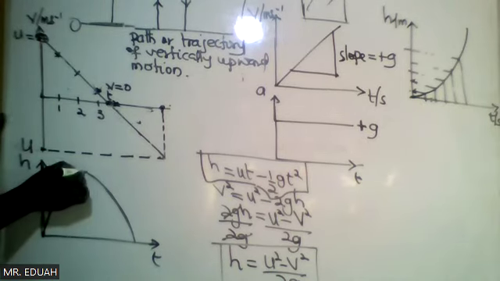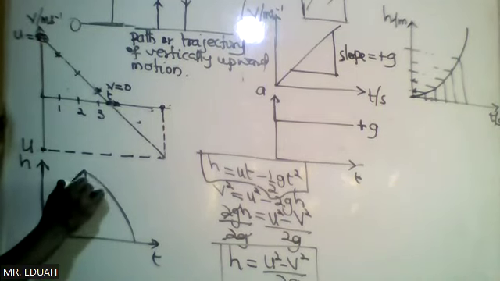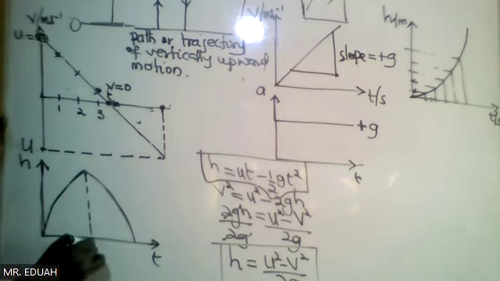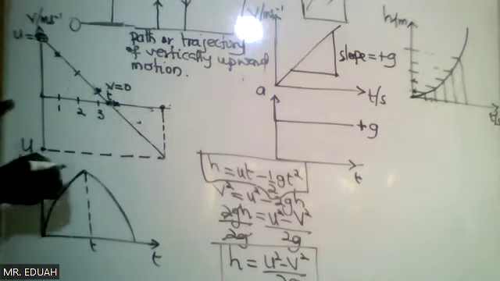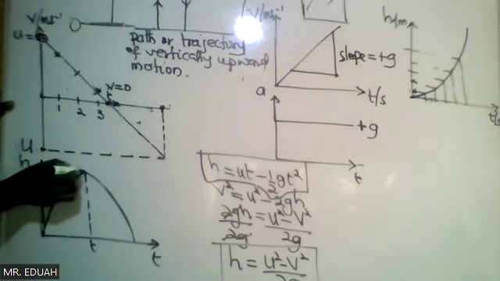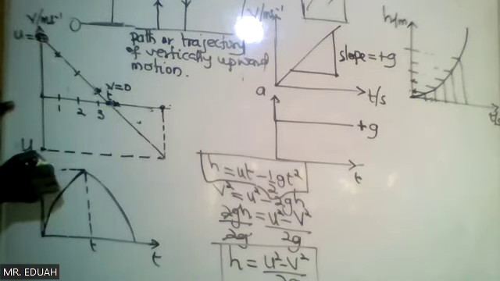At this point, or at this time, the body has gotten to its maximum height. So this is the time taken to reach the maximum height. And this vertical height value corresponds to the magnitude of the maximum height.